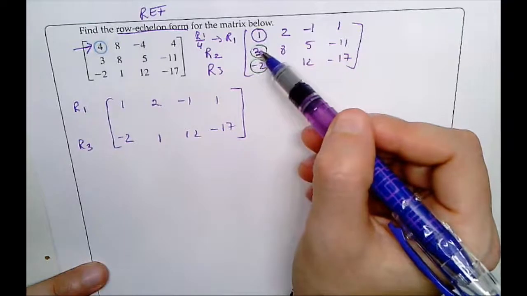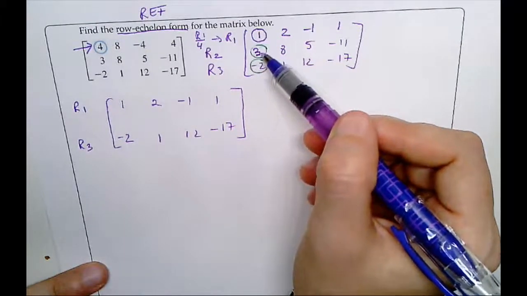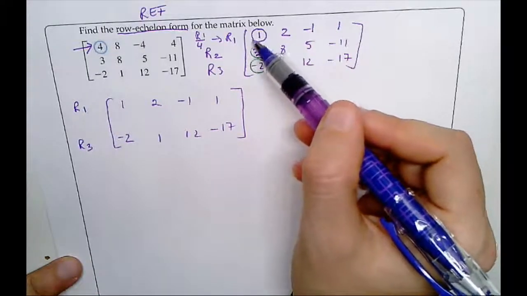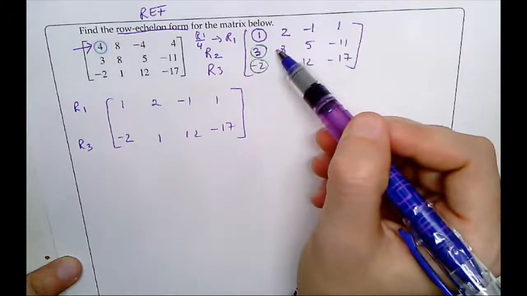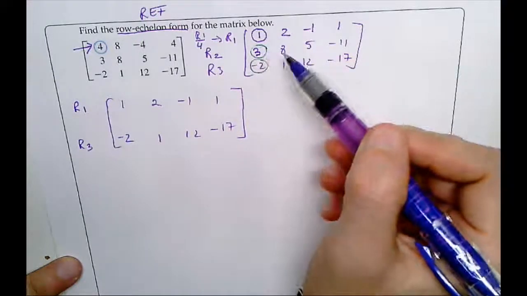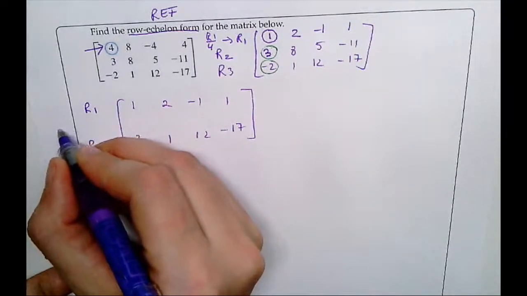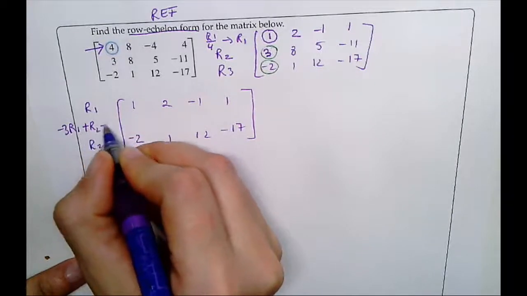And then if I add row 2, negative 3 plus 3 is going to become a 0. So this is the right thing to do. I need to multiply row 1 by negative 3 and then add it to row 2, and that's going to become my row 2. So row 2 becomes negative 3 times row 1 plus row 2.